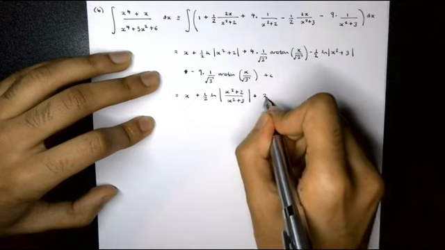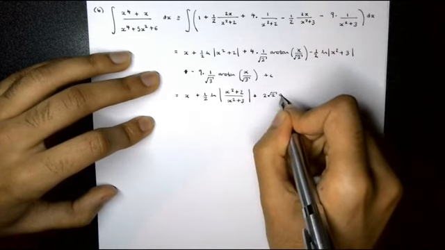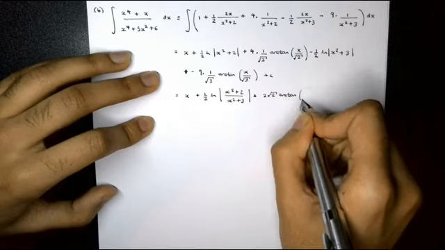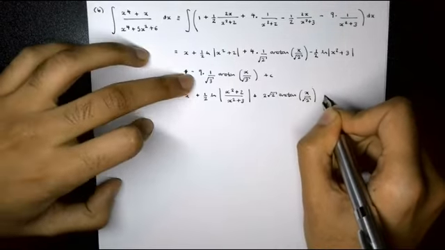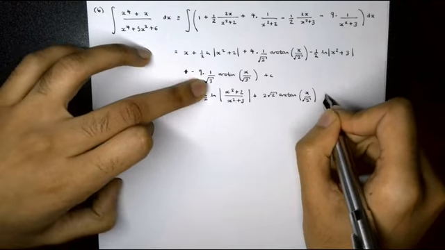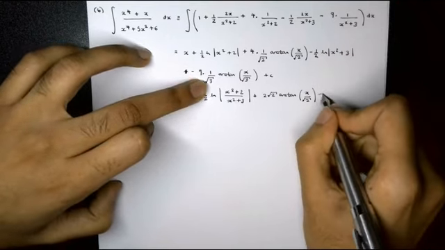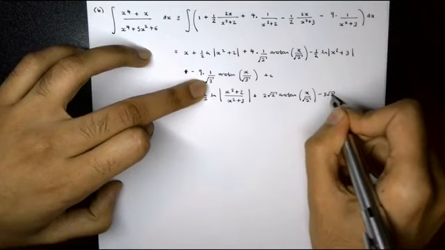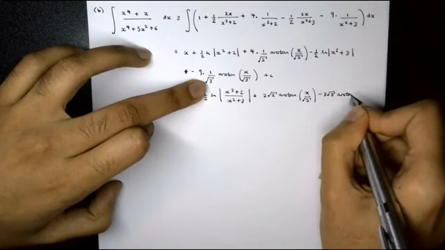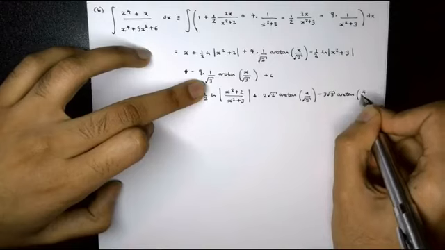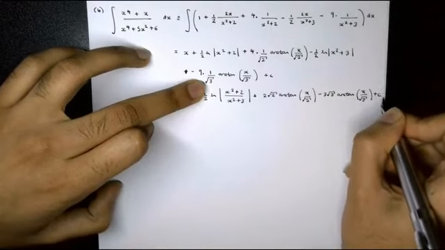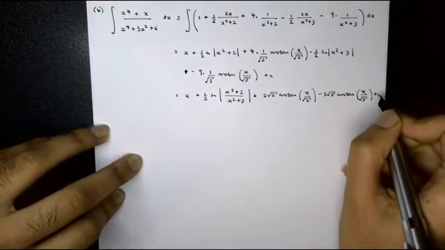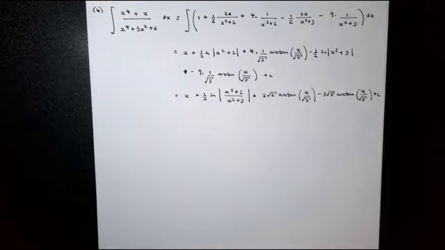So we add on 2 root 2 times the arctan of x over root 2. And then minus 9 times 1 over root 3, that's minus 3 root 3. So we subtract off 3 root 3 times the arctan of x over root 3. And then we add on the plus c as well. So this is our final answer in a simple form. Okay.